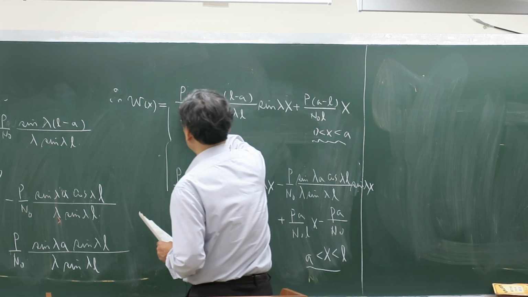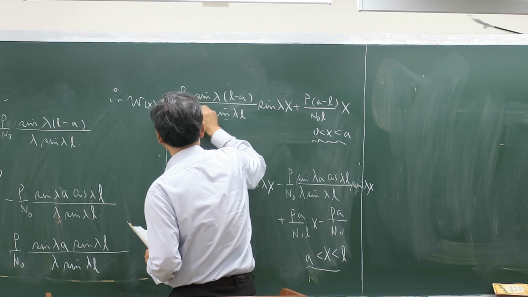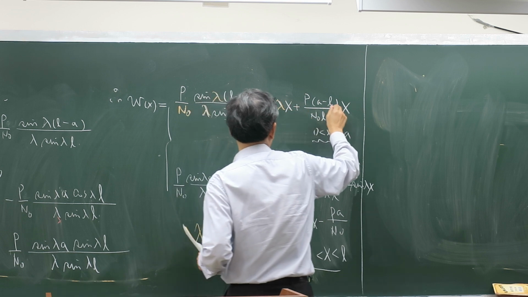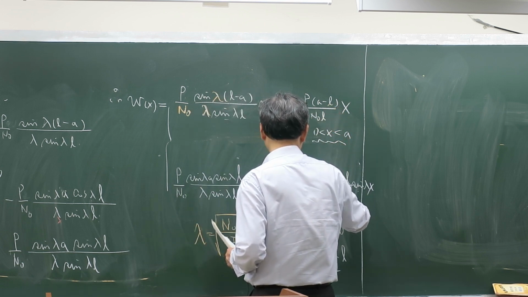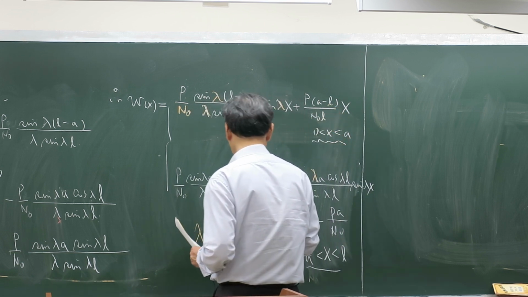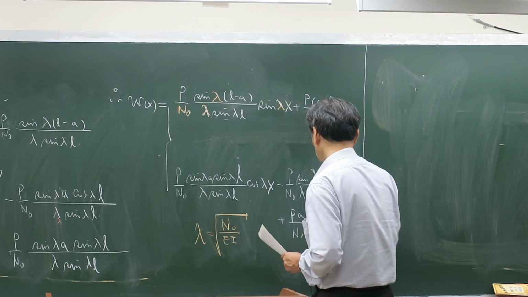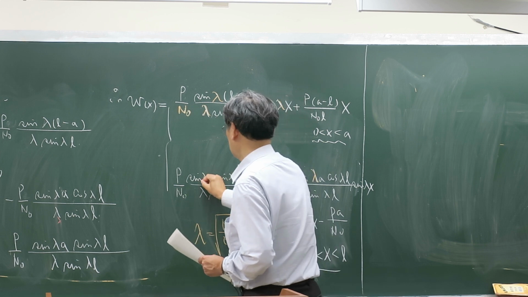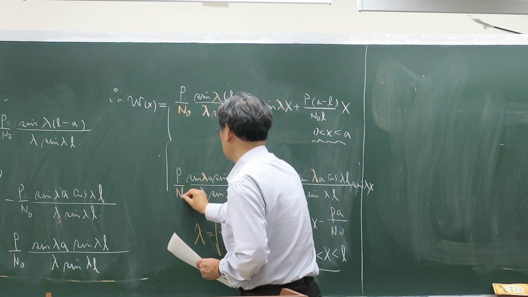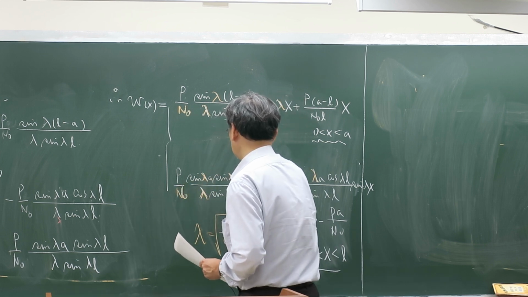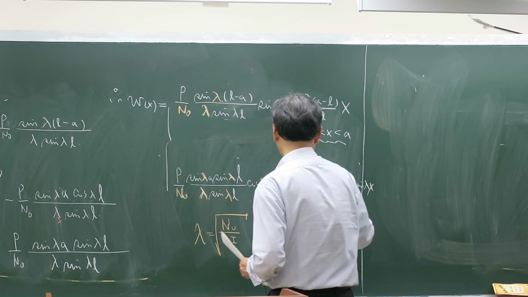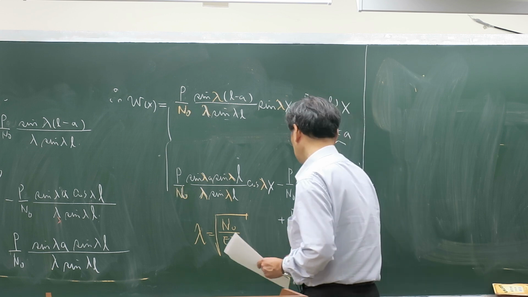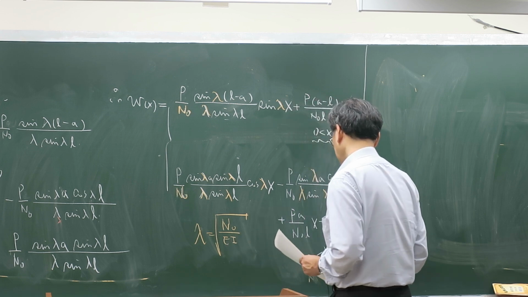So you can see we have a lot of N0, lambda, lambda, lambda. So many lambda N0.